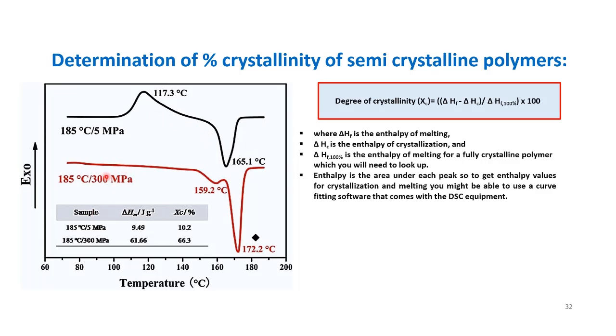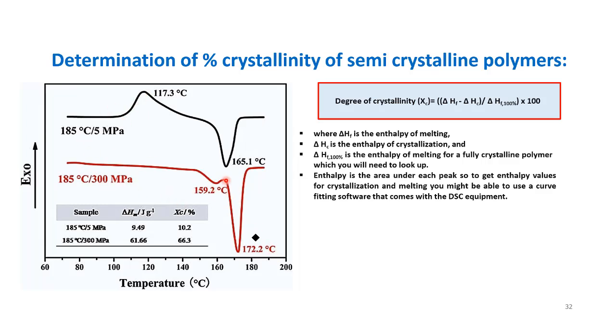Here what we are observing is that an exothermic reaction is happening, and for the lower pressure, that is 5 megapascal, two peaks were there, and then as we increase the pressure, the Tg is also shifting.